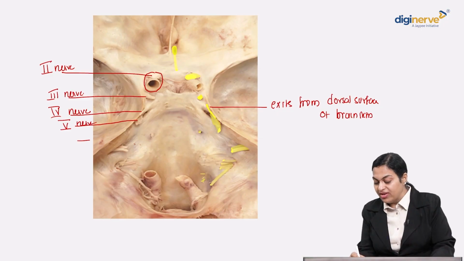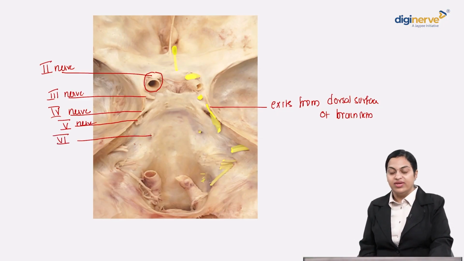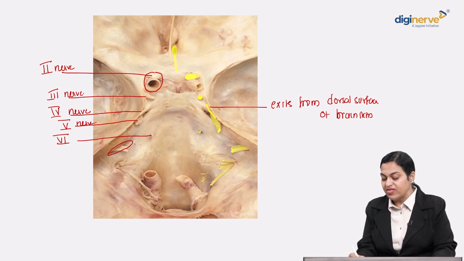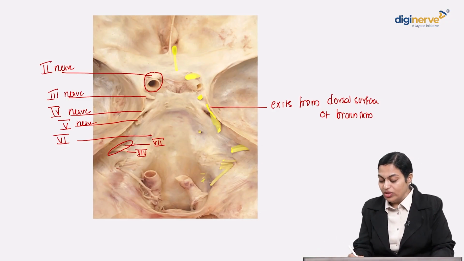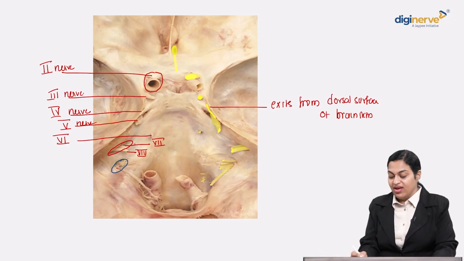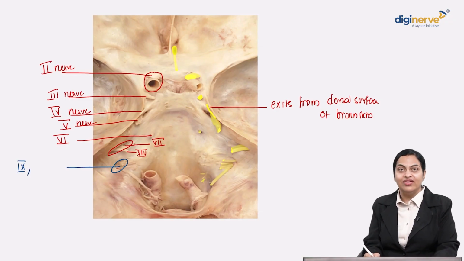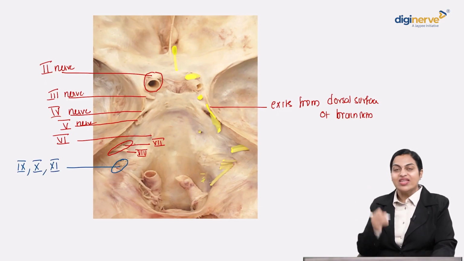And here again, this one is the sixth nerve, the abducent nerve, and the internal acoustic meatus transmitting the seventh, and this one, the vestibulocochlear nerve. This is the jugular foramen. Traversing the jugular foramen is the ninth cranial nerve, the glossopharyngeal nerve, the vagus, the 10th cranial nerve, and the accessory nerve.